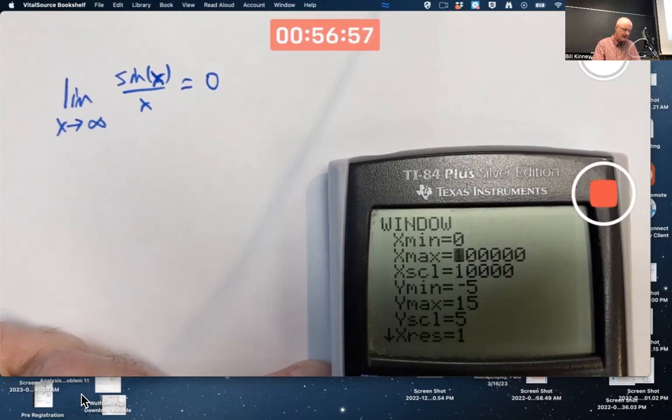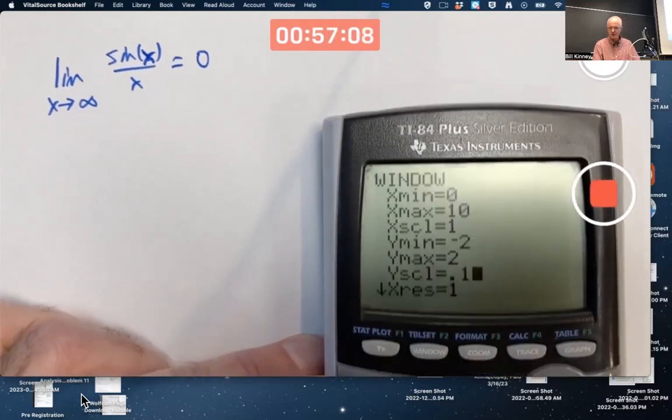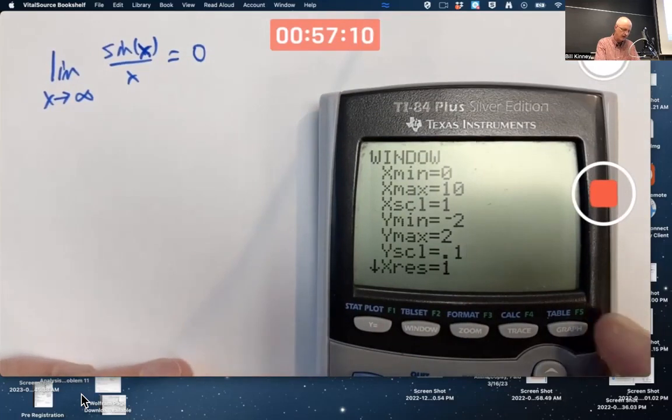How about just 10 might be good enough here. I think I'll do this with y, negative 2 to 2 and make the y scale 0.1 unit apart. Oh no, let's go negative 1.1 to positive 1.1.